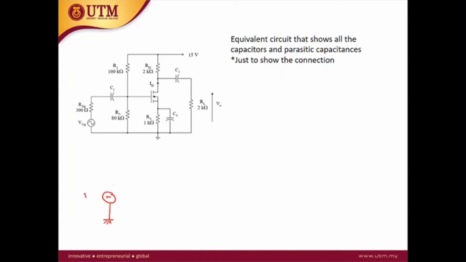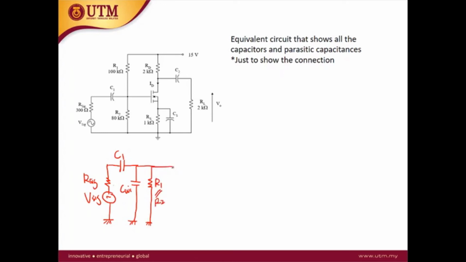This is your V signal, and then we have here this is your R signal connected to the C1. Okay, and then at the input we will have the parasitic capacitance CWI. And then we have the R1 and R2. Let me, for this case, combine R1 parallel with R2.